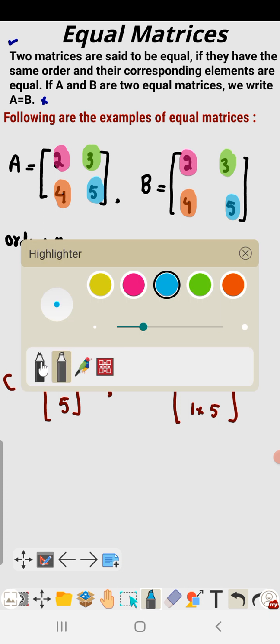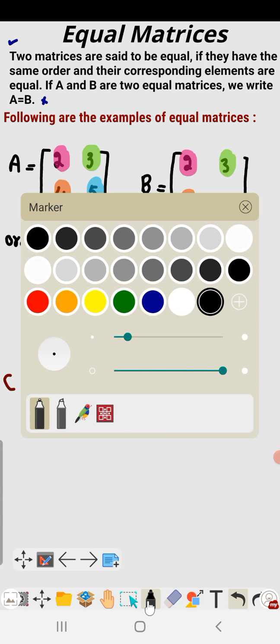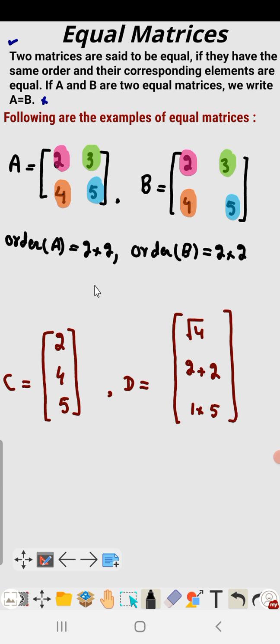So matrices A and B are two equal matrices. Here A is equal to B.